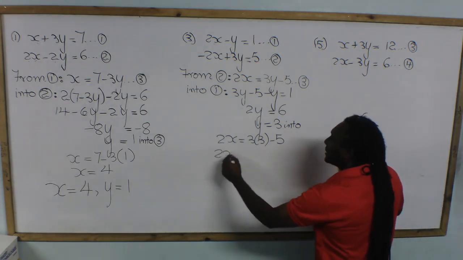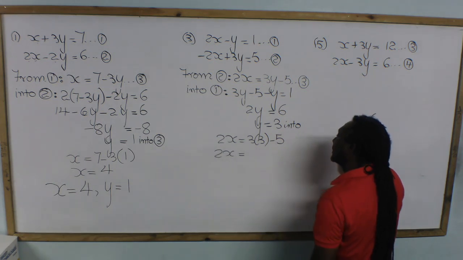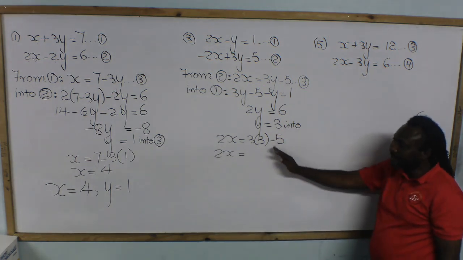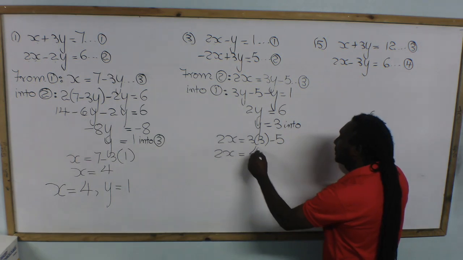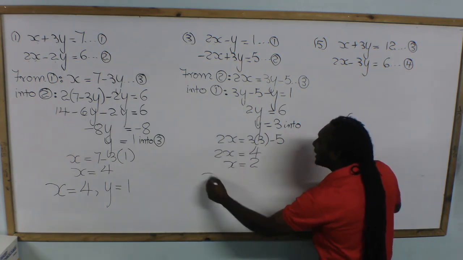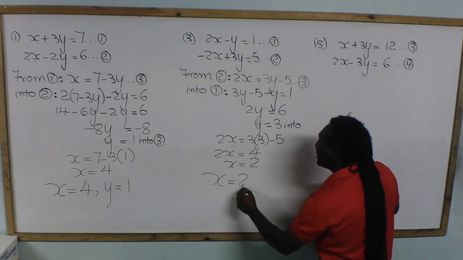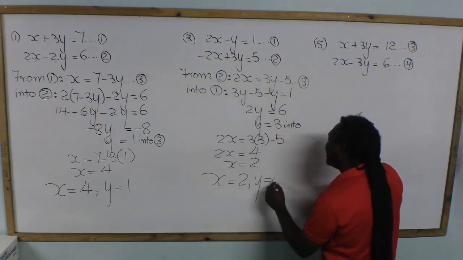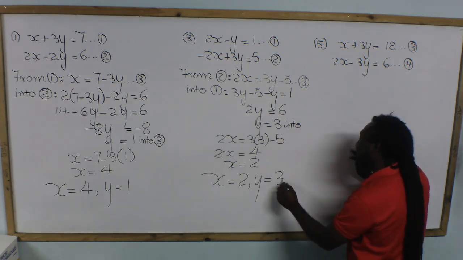So we have 2x is equal to 3 3s minus 5, which is 4. So x is equal to 2. So x is equal to 2 and y is equal to 3.